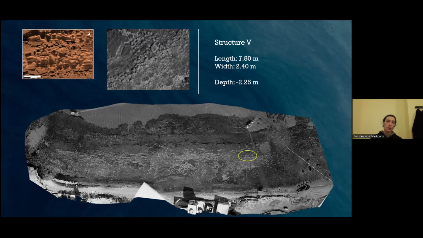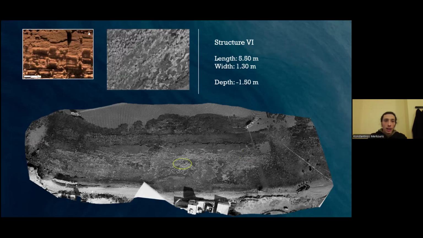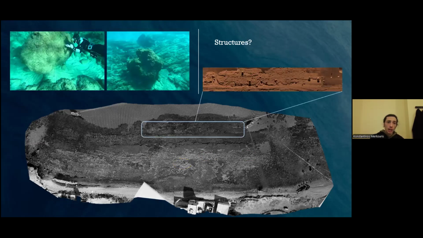While the structures appear to belong to one continuous feature, they do not survive in their entirety, as we said. So there are gaps, and in several places the stones are scattered. This pattern is likely the result of later natural processes and human activity that affected the sites over time.